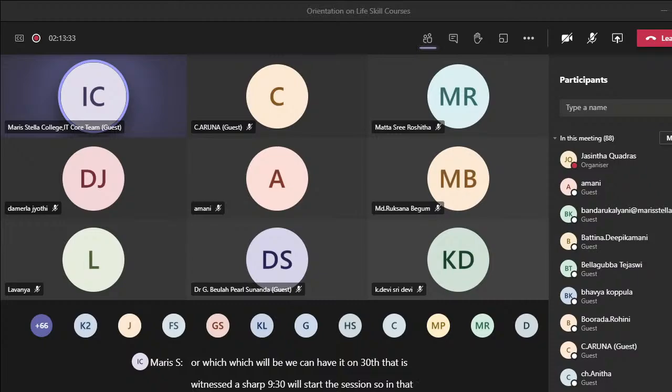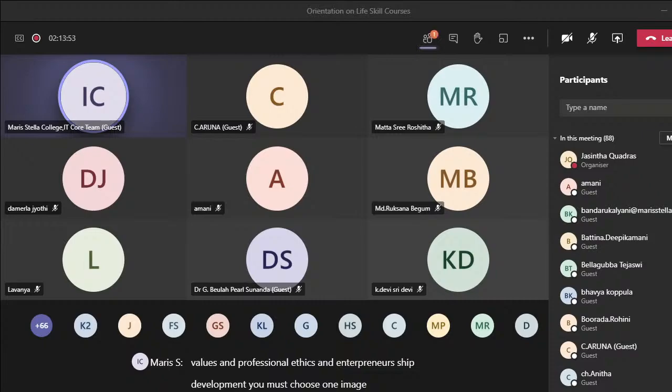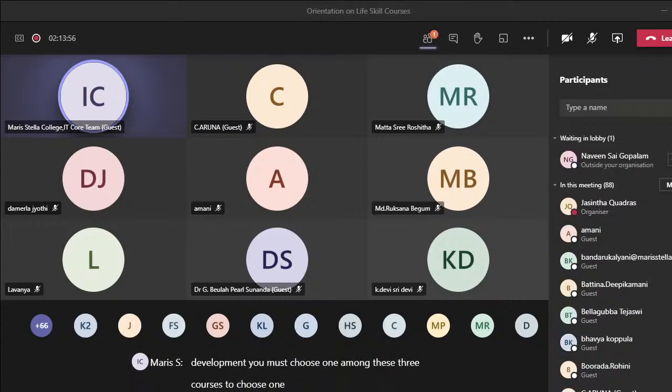In that we have 6 courses. So orientation for the 6 courses will be given on 30th, that is on Wednesday. Related to today's orientation, in life skill courses we had 3 courses: computer applications, human values and professional ethics, and entrepreneurship development. You must choose one among these 3 courses. To choose one, we will provide you a Google form link.